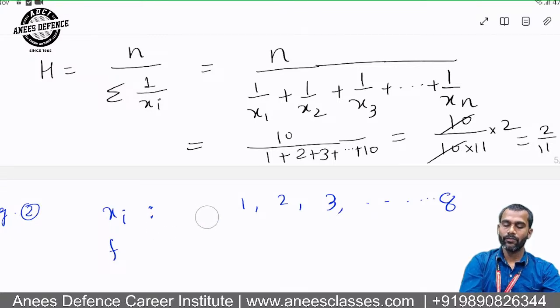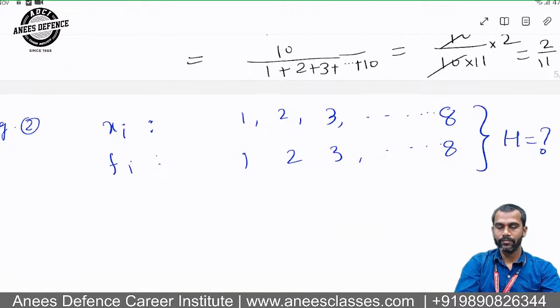So from 1 to 8, and fi is the same numbers, 1, 2, 3 till 8. Find HM. Very easy question.